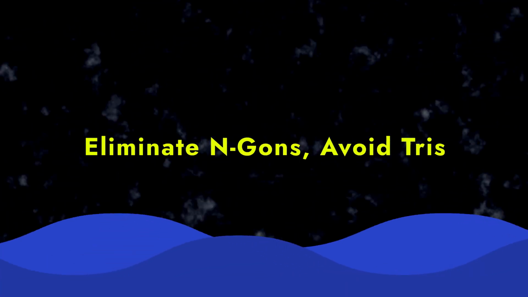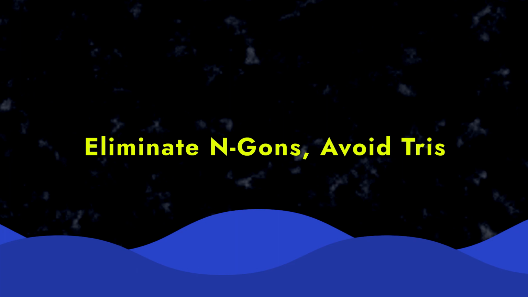Number 5, eliminate n-gons and minimize the number of tris. I'm not going into the war of loving or hating n-gons or tris, but the thing is, if you're modeling something like a car, you would want to increase the poly count eventually for smooth or real life renders. Usually you do it with modifiers like subdivision modifiers.